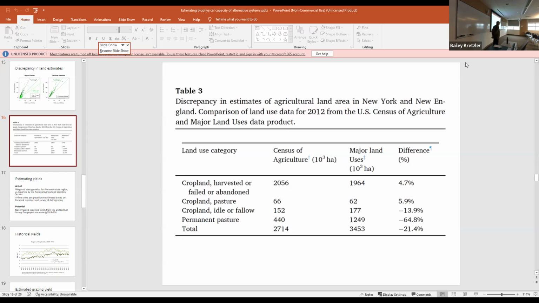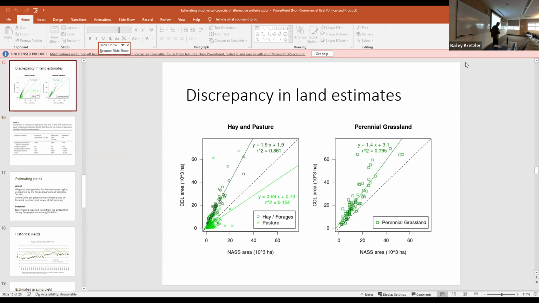But the major land uses data corroborates the story we see here, that satellite imagery is telling us there's more of this perennial grassland than the census is. And I think the area that looks like perennial grassland is actually perennial cover.